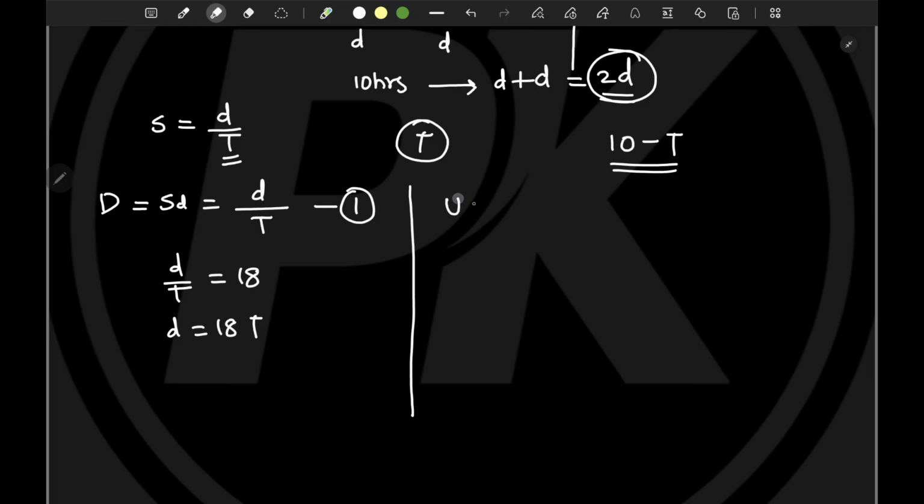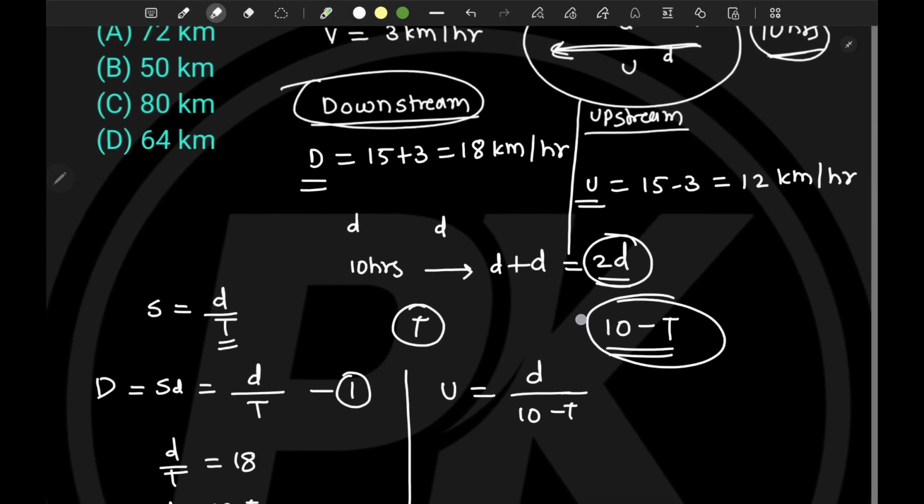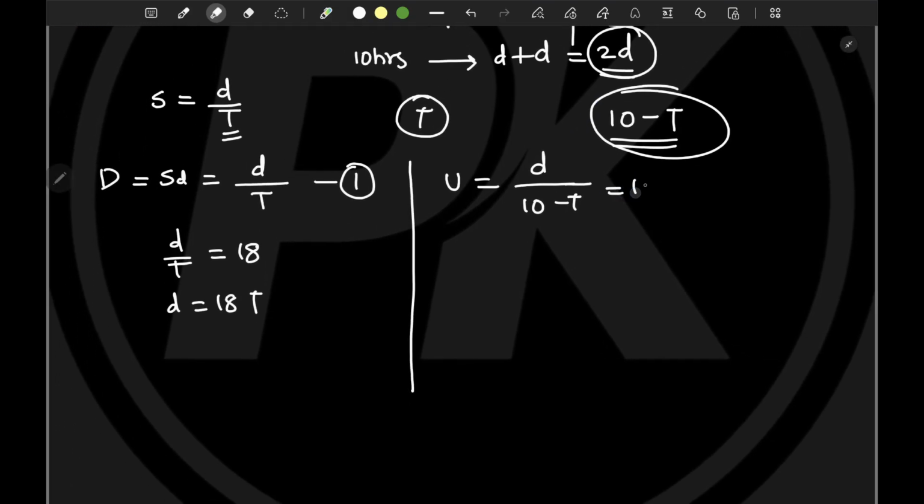Now for upstream, u is equal to distance covered, which is again the same distance, but the time is how much? So time will obviously be 10 minus t. Okay, and we know the value of u we have calculated, which is 12, and hence d is equal to 12 into 10, which is 120, minus 12t.